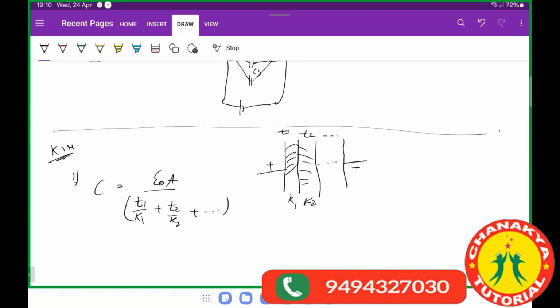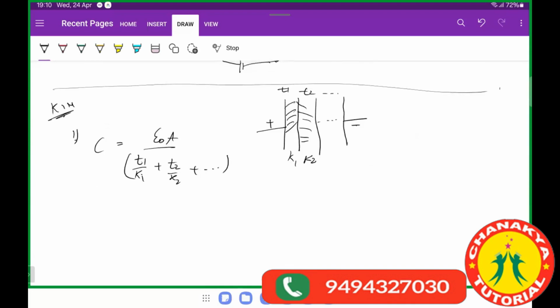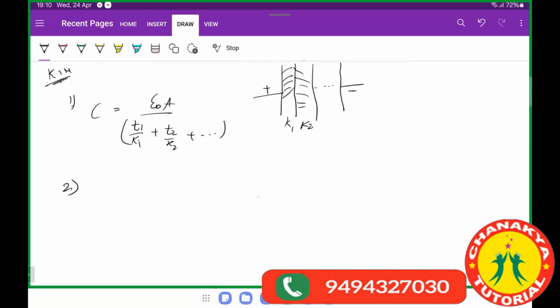Now same way, if we have a number of dielectrics of the same thickness, but the area is different: A1, A2, A3, and so on.